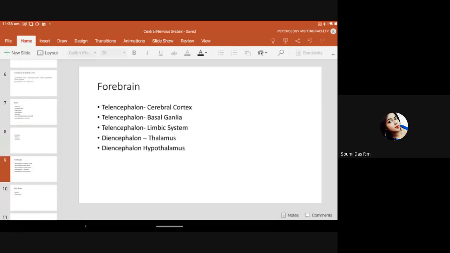These are the structures of the forebrain that I told you. Now, in detail, we will study the cerebral cortex, one of the structures of the telencephalon. The cerebral cortex is 2 to 4 millimeters thick, and it is the top of the cerebrum.